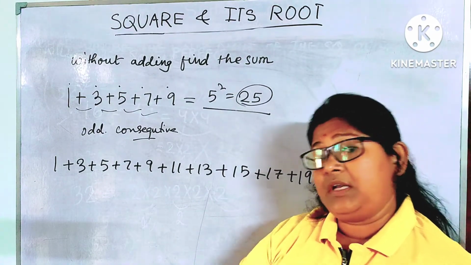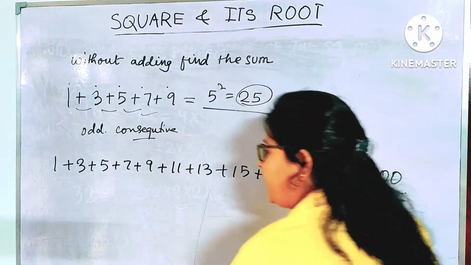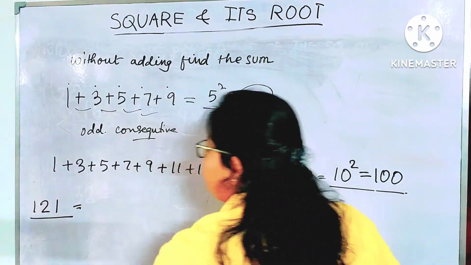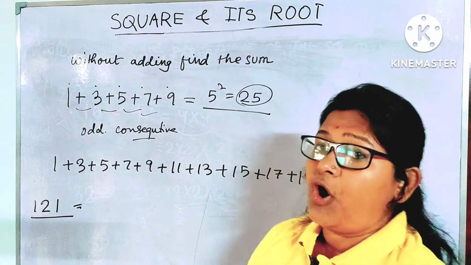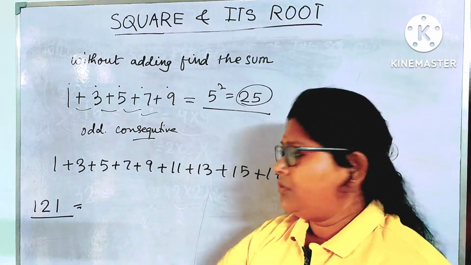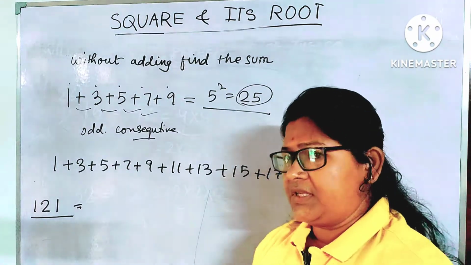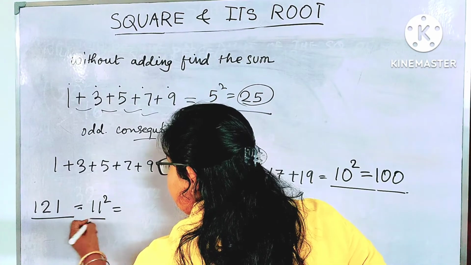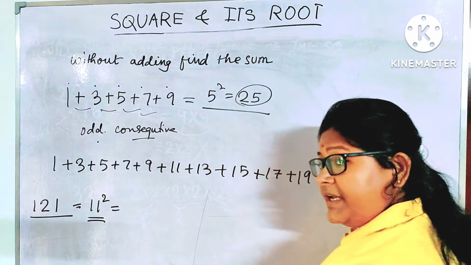Okay. Now it's the reverse part. If I get a particular number as 121 and I have to write it in the form of odd consecutive numbers, how will I be able to do it? 121 means what? It's 11 square. That means there will be 11 numbers. Correct?